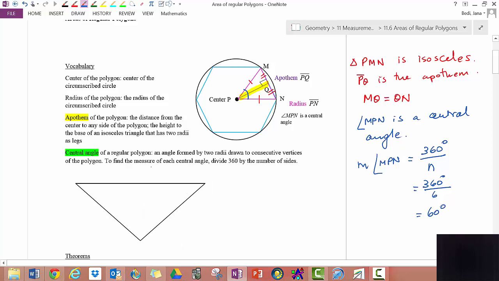I have deliberately drawn this in a different orientation than you may be used to, simply so that you're not thrown out when it is shown to you that way. So I'm going to draw this, and I'm going to say this is PMN. We know these are congruent. Okay, we also know that the base angles are congruent as well.